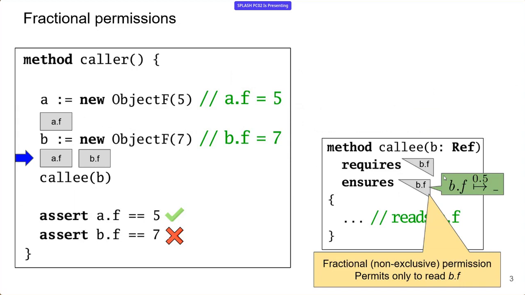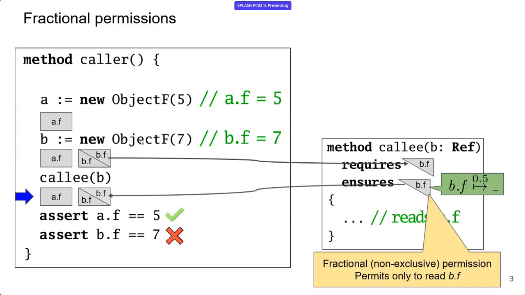And this is typically written as b.f points to some value with the permission amount on top of it. And now that we have this, we split in our context permission to b.f into two fractions here. And now our frame is larger. Our frame contains permission to b.f.